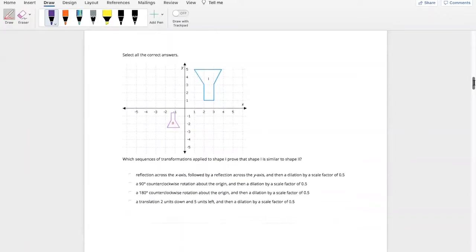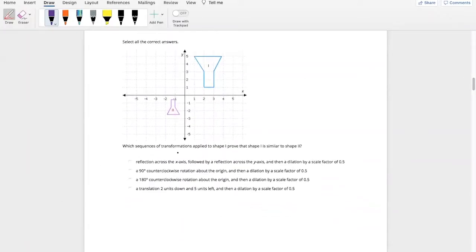All right, moving on. This one here, which sequence of transformations applied to shape 1 prove that shape 1 is similar to shape 2? So again, we have to go through a few, and it does say sequences, so it could be a couple of these. So let's think, a reflection across the x-axis. So that's going to flip that here.